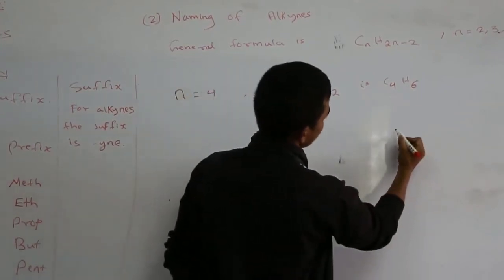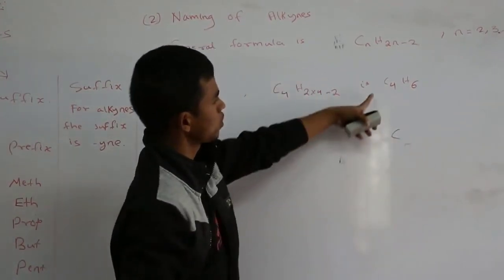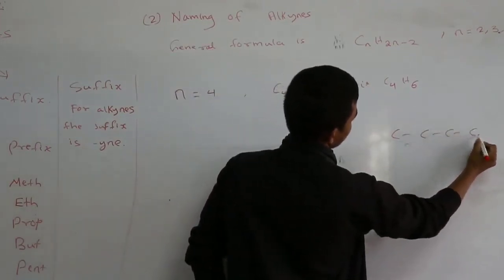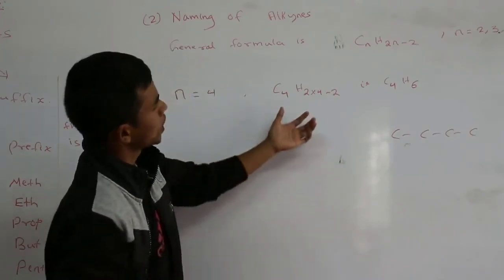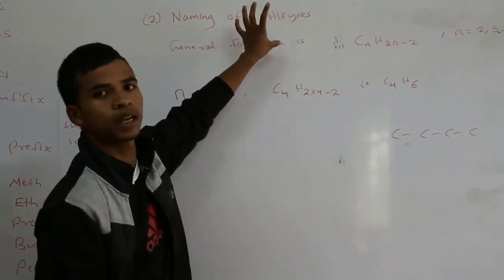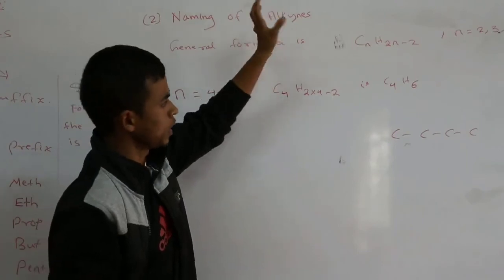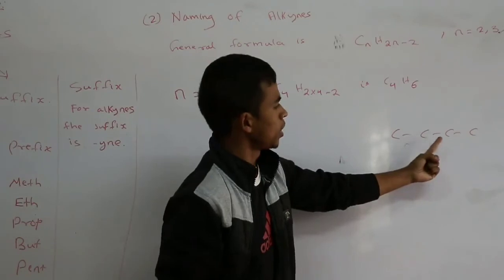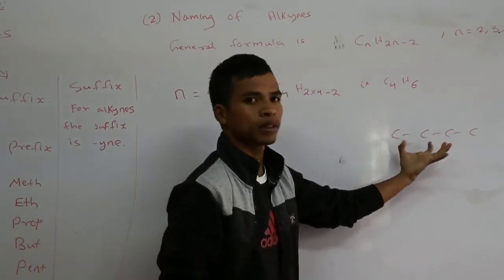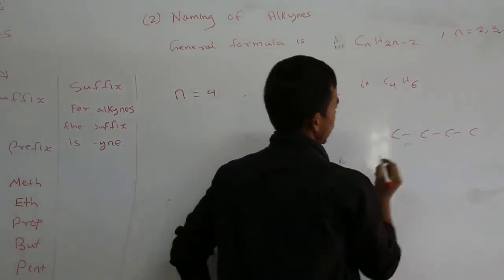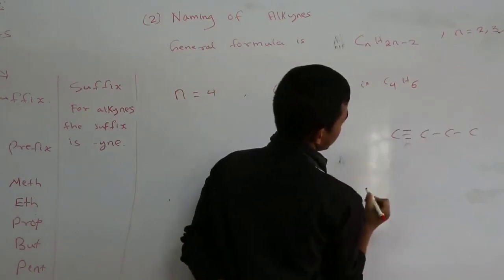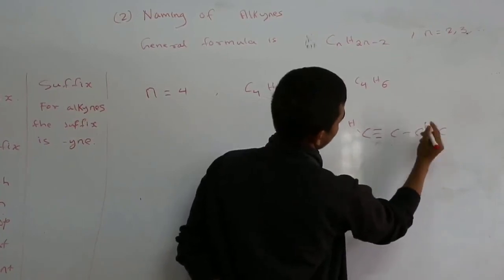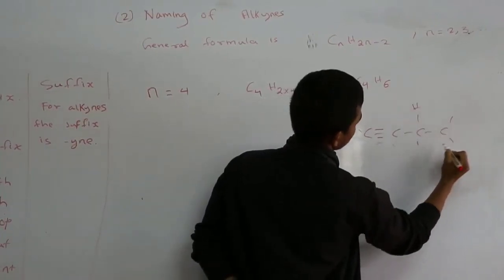So the structural formula would be, first of all, I write 4 carbon atoms, 1, 2, 3, 4, and here there exists a triple bond between 2 carbon atoms. That triple bond can be in different positions. Let me write this triple bond like this, and the other valencies would be with hydrogen.